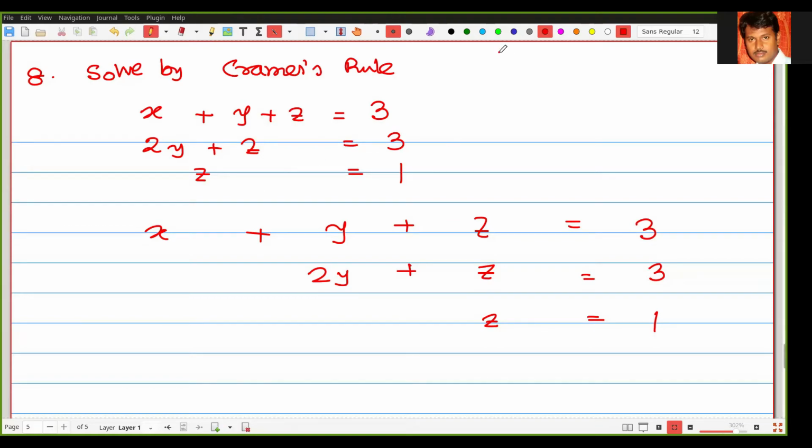Here the coefficient of x is equal to 0 in the second equation, and also the coefficient of y is 0 in the third equation.